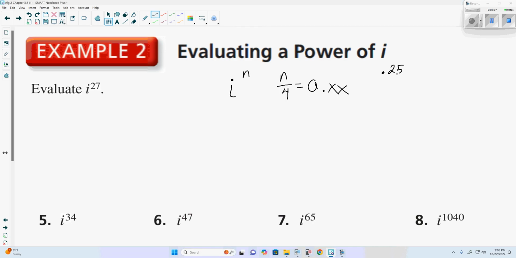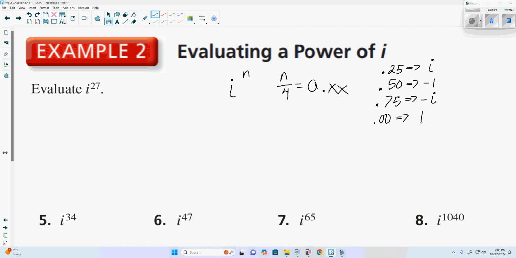If we get a decimal of 0.25, we get i. Now the 0.50 reduces to -1. Our 0.75 goes to -i. And our 0.00 would be 1. We take whatever the exponent is, divide it by 4, and get our answer.